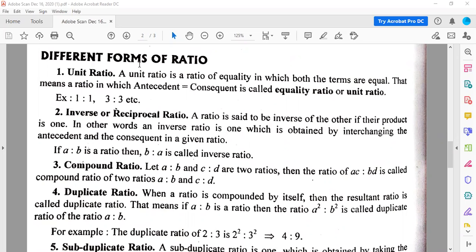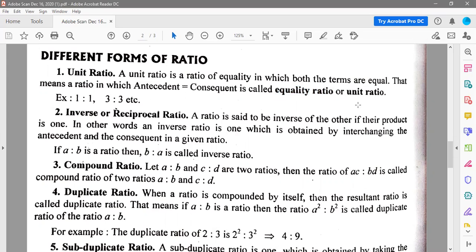So a unit ratio is where the antecedent is equal to the consequent, and that is called equality ratio or unit ratio. This is the first form of ratio. A question on the different forms of ratio can be asked for your section B, 5 or 6 marks.